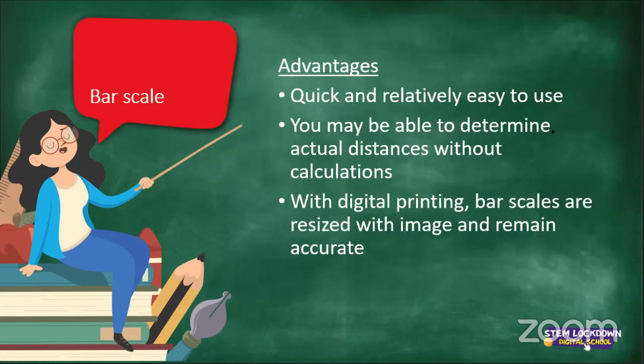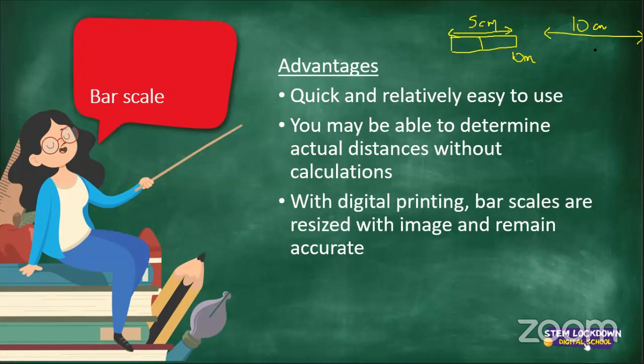Okay, let's look at advantages of a bar scale. These are usually quick and relatively easy to use. They're very, very easy to use. For example, there's your bar scale. Let's say this distance is 5 centimeters, and you know that in real life it is 10 meters. So if you have a distance of 10 centimeters, you know that it will be twice as long, so this will be 20 meters.